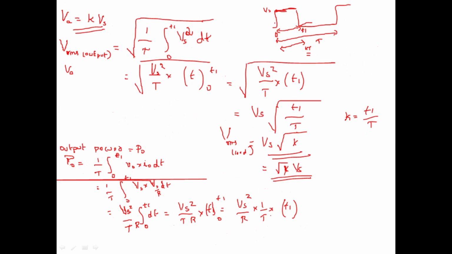So T1 by T is nothing but k, that is Vs squared divided by R into k. This is the output power. Okay, next we'll calculate the input power.